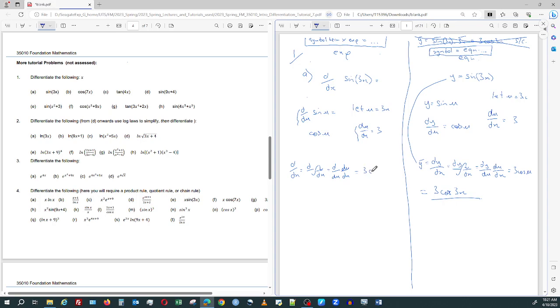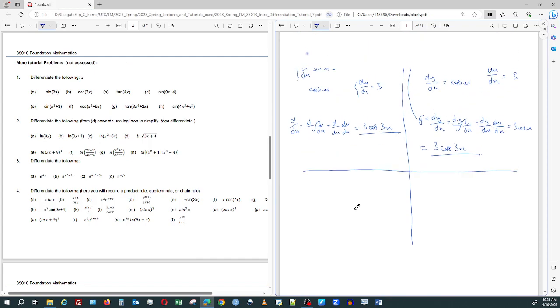So it's 3 cos 3x. It's the same result. So it's just a shorthand. Whether you do it one way or the other doesn't matter. All right, so that was A.